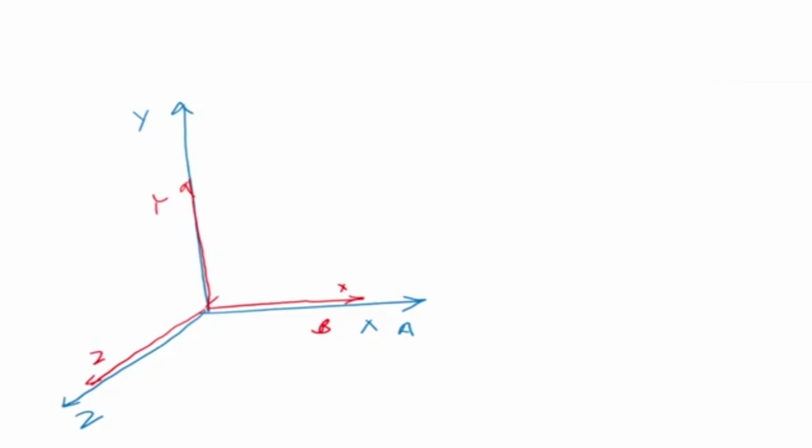Now if we have a vector here, we call this vector BP. Now I translate the origin of axis B by some distance and see what happens. My axis A is going to remain here only.